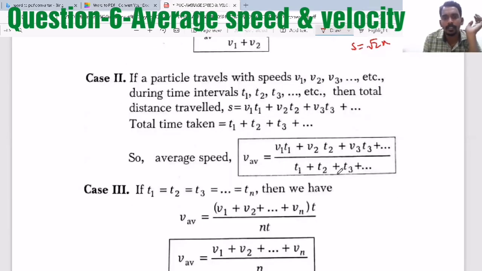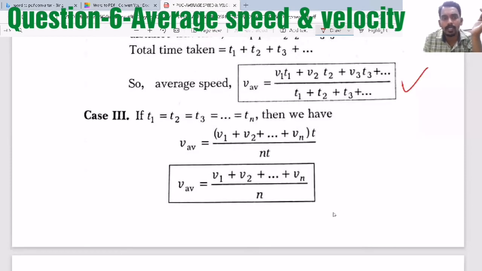Another situation is if they mention successive intervals of time covered with different speeds v1, v2, v3; then the average speed formula is this one.